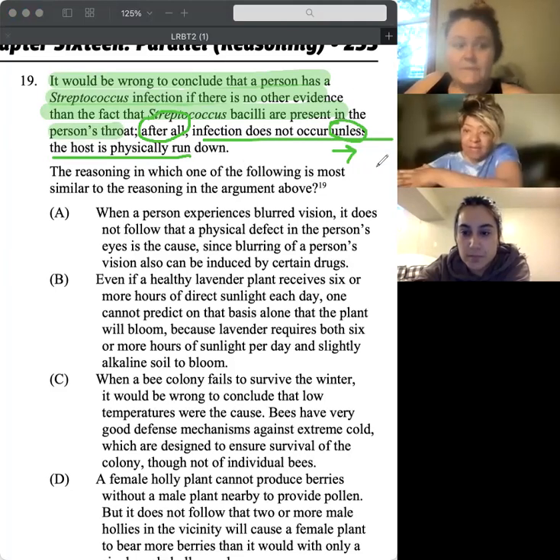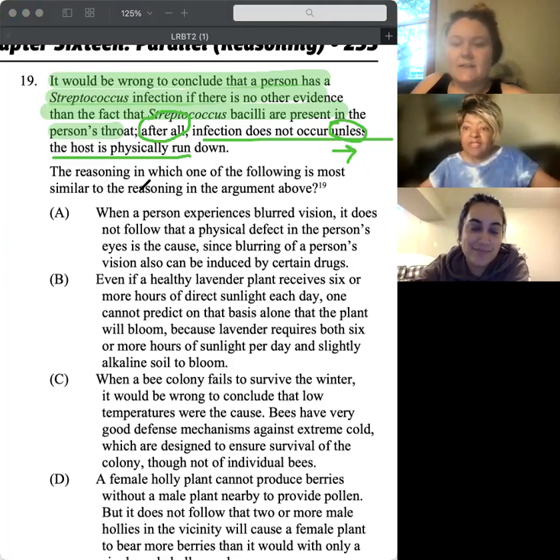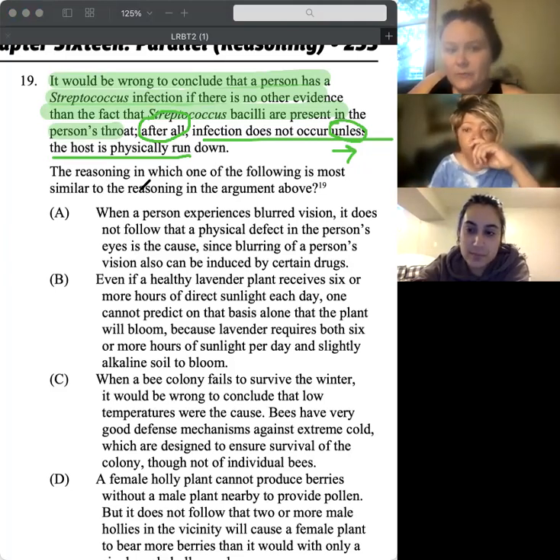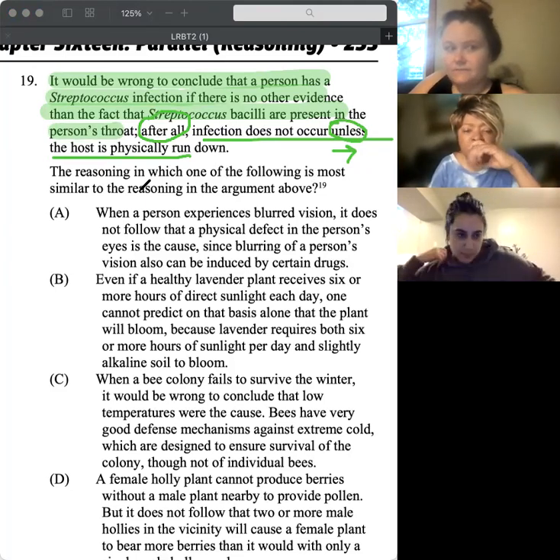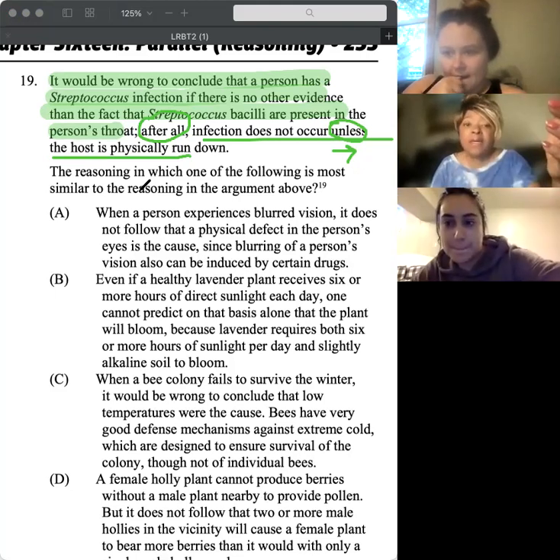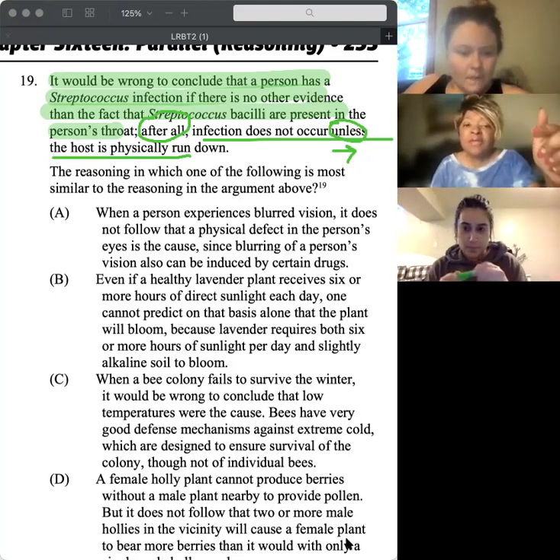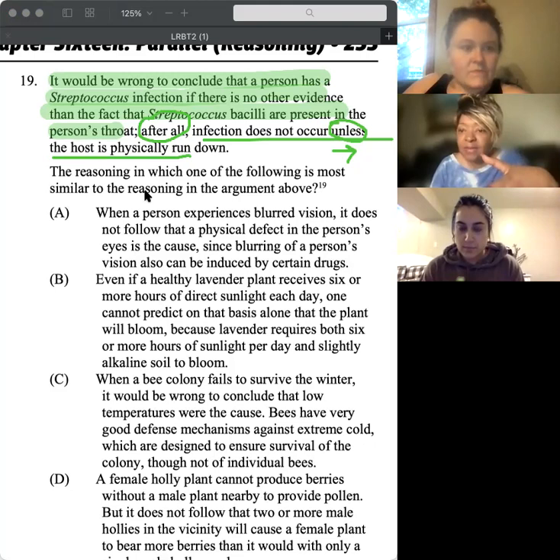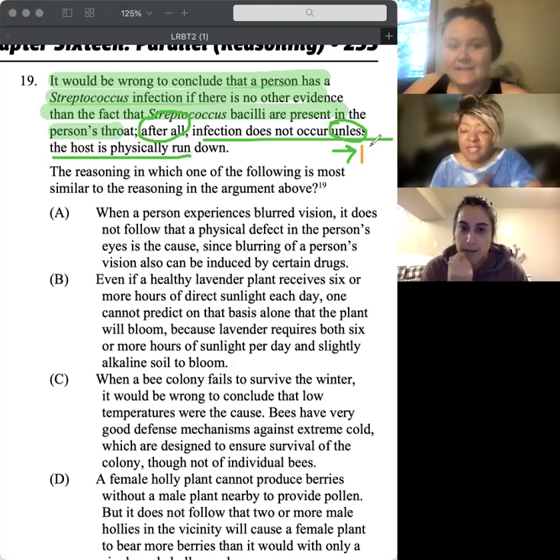On the right side. Yep. The sufficient is on the left side. So what statement goes on the right side then? If the host is physically run down, so that's run down, necessary.